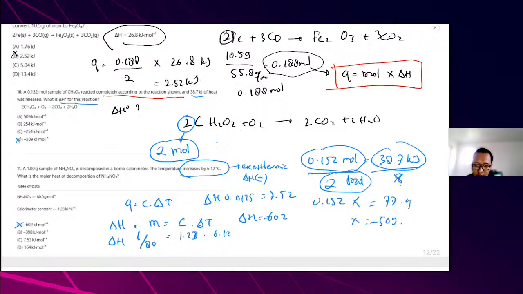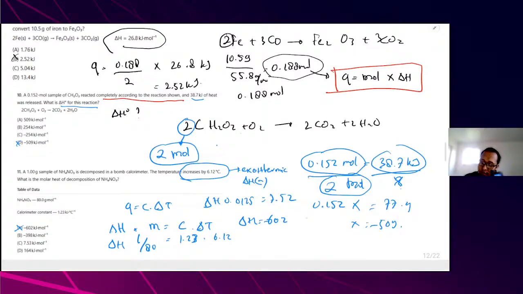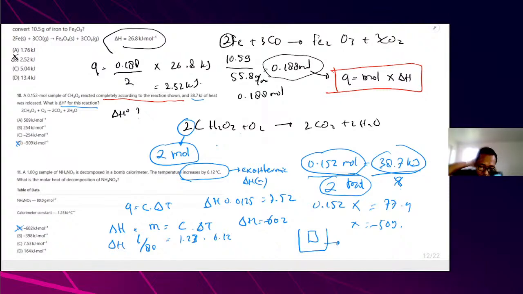Remember, for example, we have the system, and then we have the surrounding. Over here, our perspective is in the surrounding. In the surrounding, the bomb calorimeter, the temperature is increased.